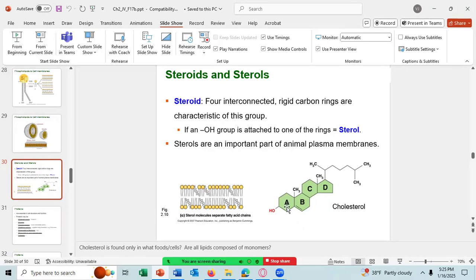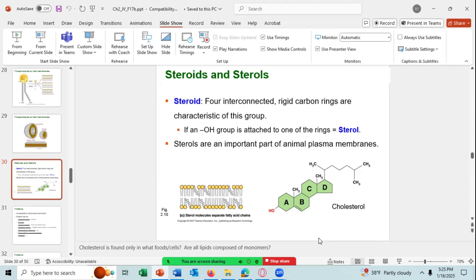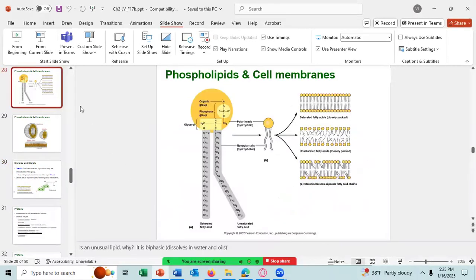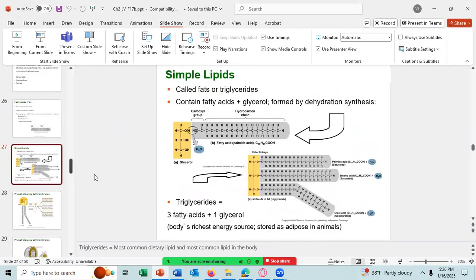Okay, so here we're seeing cholesterol. Is this molecule made up of monomers, or is it just one molecule? Trying to make a point here. The phospholipids and the simple lipids, like a triglyceride, are made up of monomers.